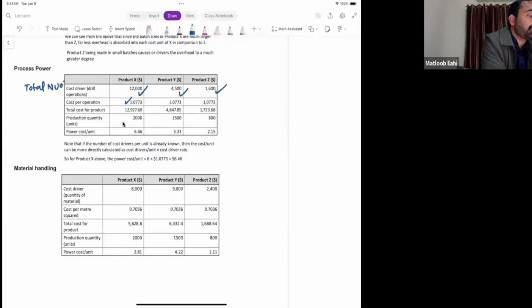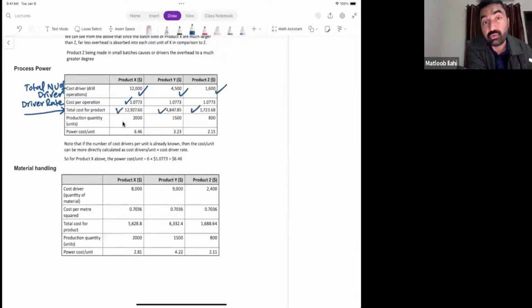Multiply this, and the total process power cost of the product is 12,927.6, this one and this one. Now we can calculate the cost per unit of process power. So divide by the number of units, and here is the cost. This is the power cost per unit for each product.